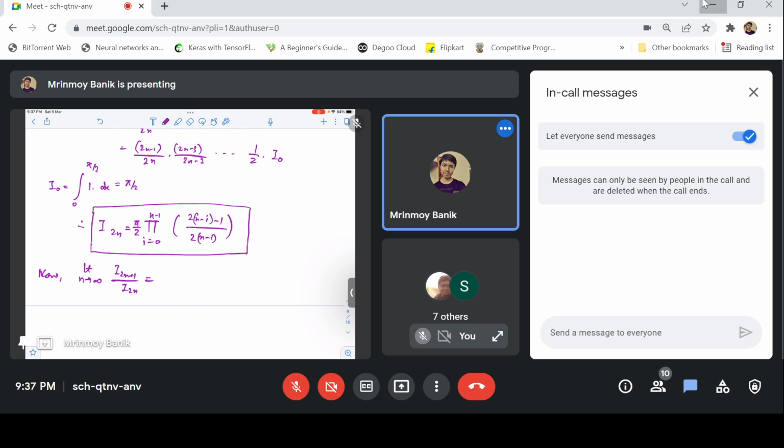Observe that if we can prove this, then we will suppose this limit is L, and we know this limit is 1.